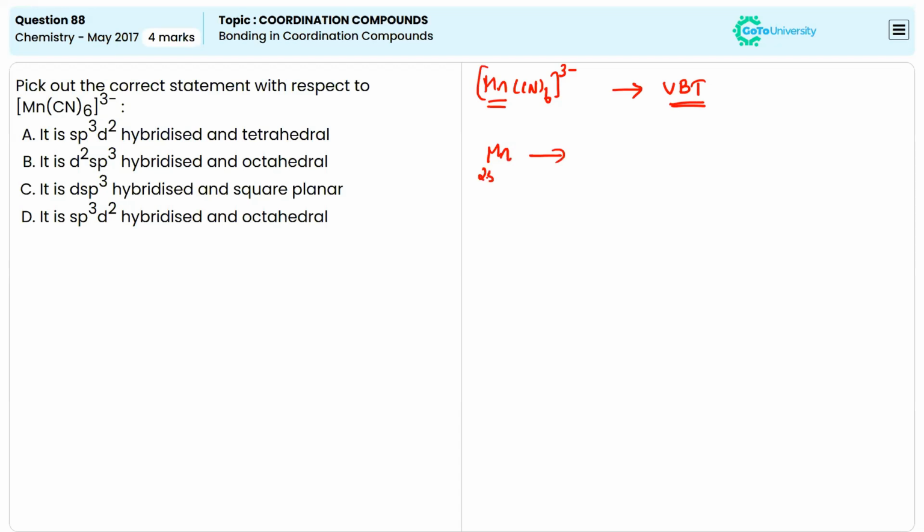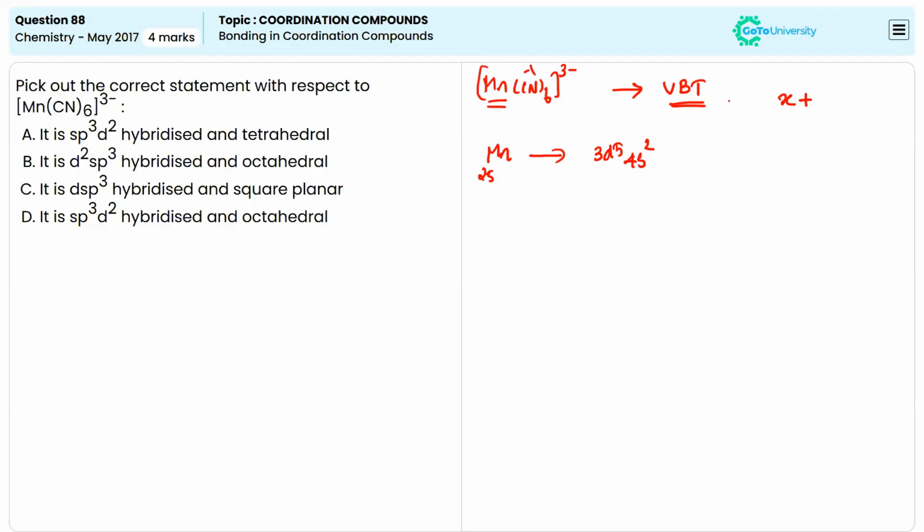Manganese has the atomic number 25 and the electronic configuration is 3d5 4s2. Now we have to calculate the oxidation state of manganese in this complex. So here manganese is surrounded by 6 CN- ions, right? So I am taking the oxidation state of manganese as x. Then CN- has a charge of -1. The total charge of the coordination sphere should equal the summation of the individual charges of the ligands and the metal.